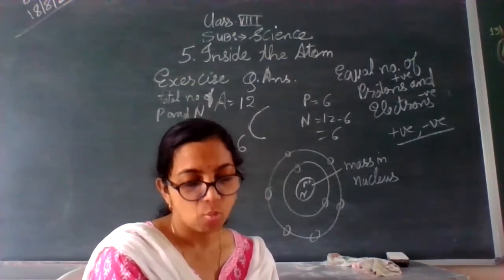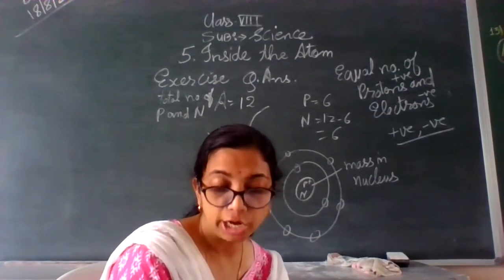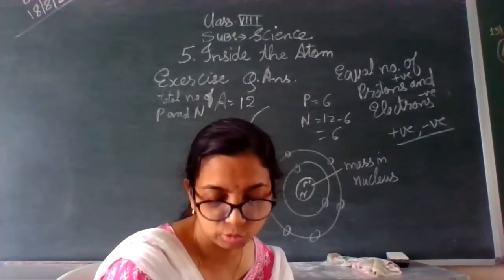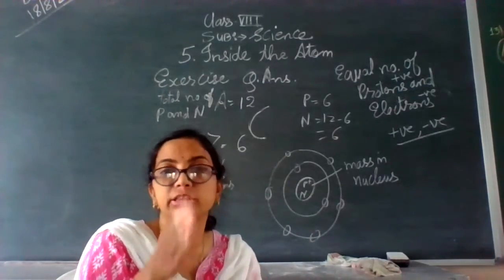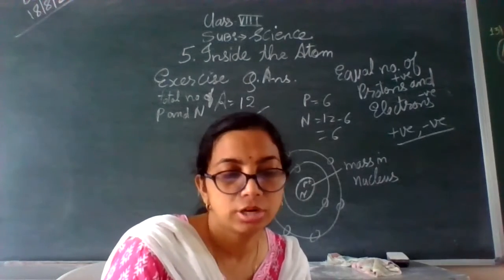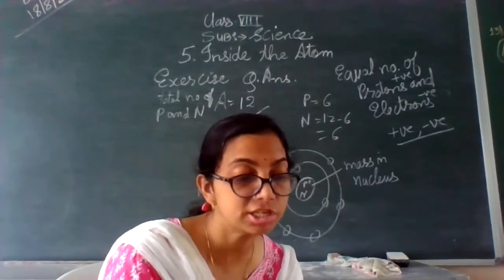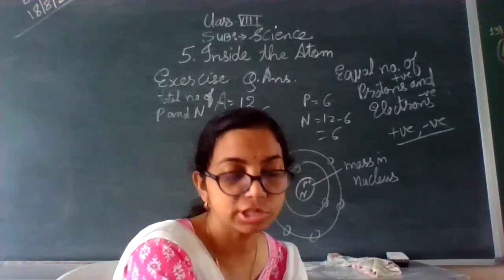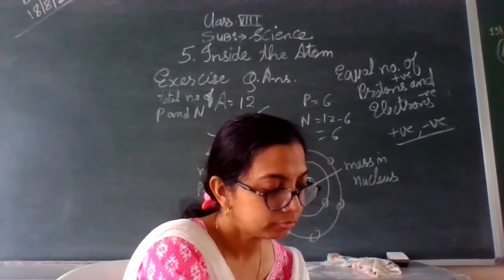So a moderator could be graphite, or heavy water, which is mostly used, for reducing the speed of neutrons, which are more harmful than your protons and electrons, and it is used in nuclear reactors.